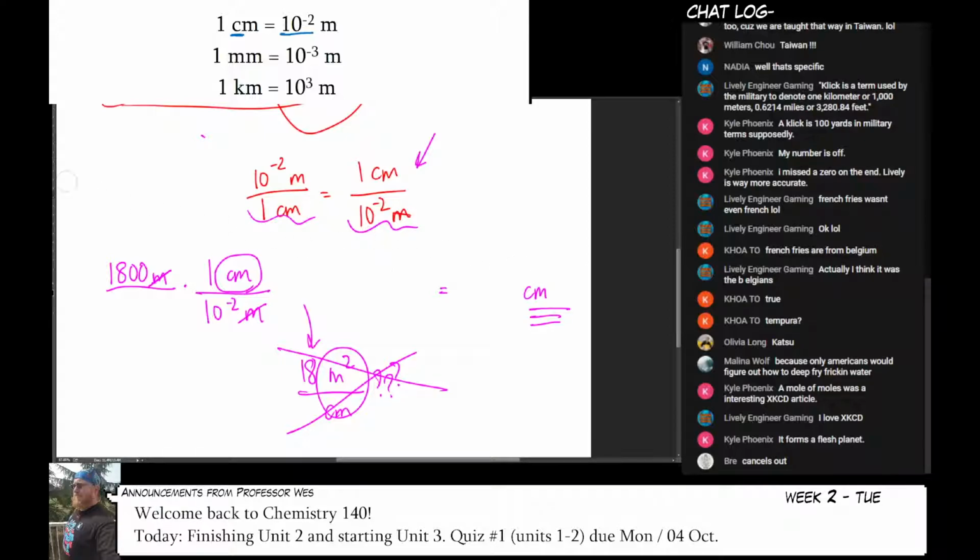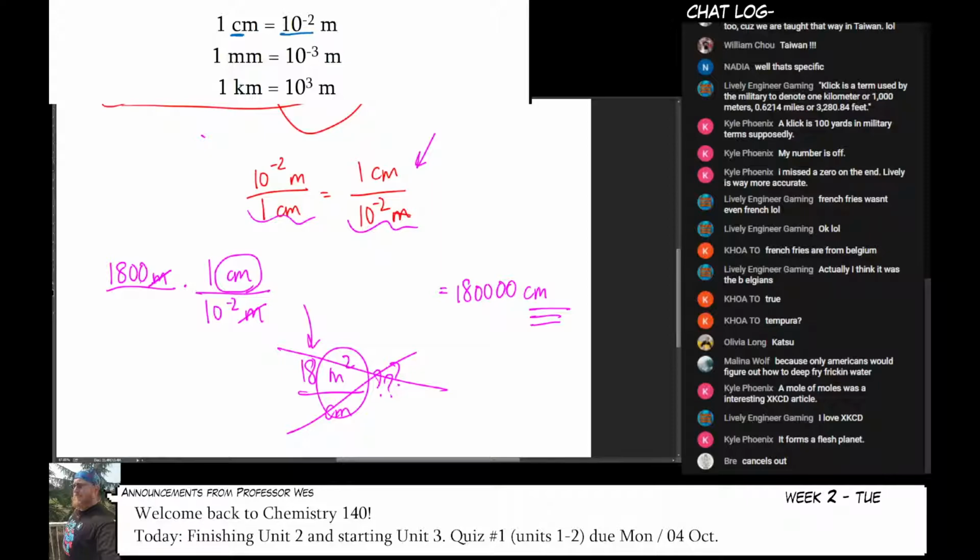So if I do this math, 1,800 times 1 divided by 10 to the minus 2, I will get the correct answer. And when I punch it in the calculator, I get that. And that makes sense, right?